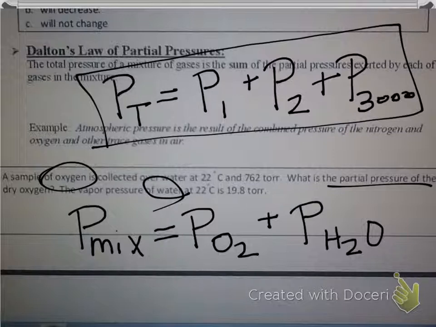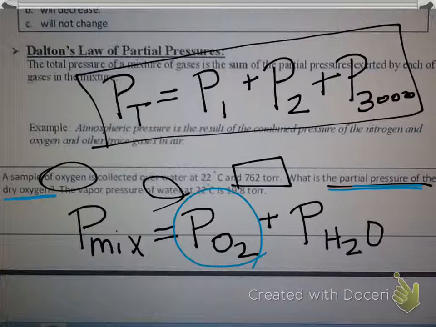Alright, so we are asked to find what now? We are asked what is the partial pressure of the dry oxygen. So oxygen without water in it. So this oxygen has become wet, it's got water vapor in it. So we don't want to know what the mixture is. We're given the wet oxygen's pressure, or the mixture of the gases.